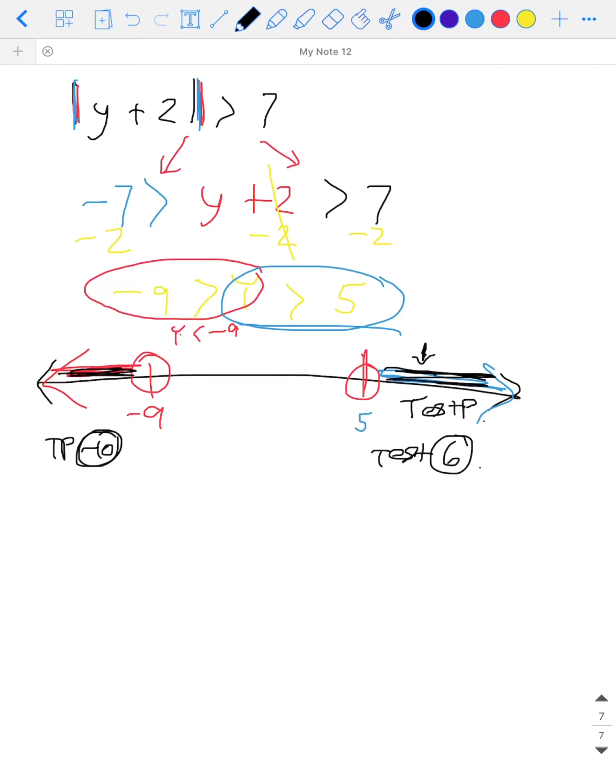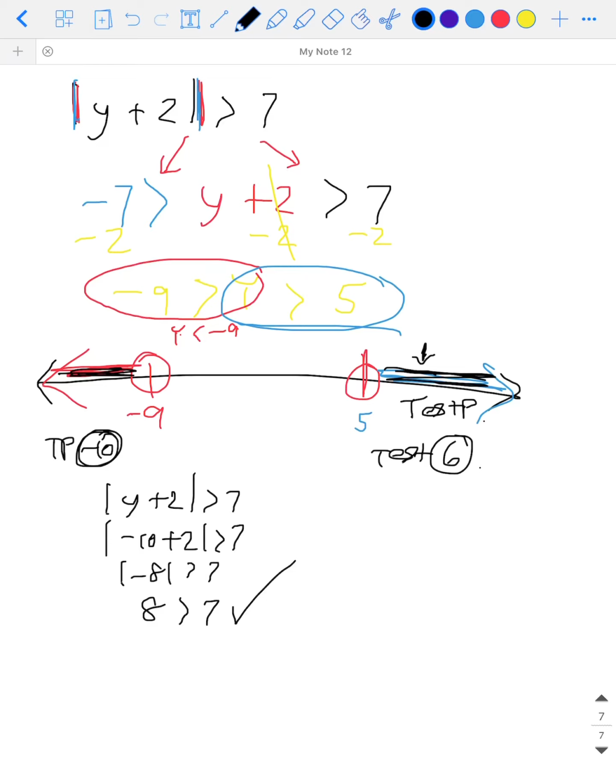So for negative 10, absolute value of y plus 2 must be greater than 7. So I'm going to substitute. Negative 10 plus 2 is negative 8, and absolute value of negative 8 is 8, and 8 is indeed greater than 7.